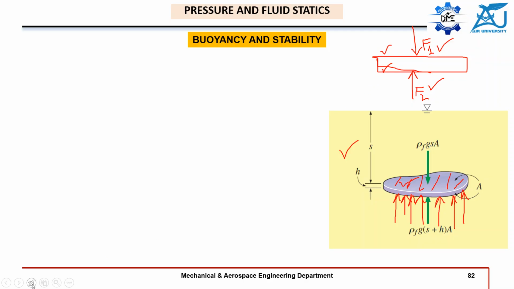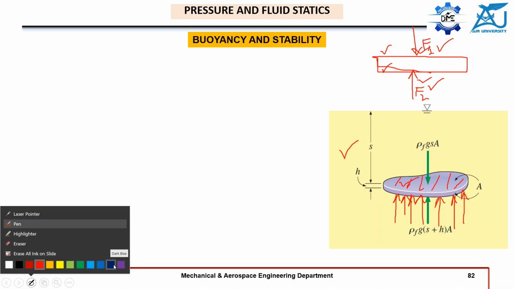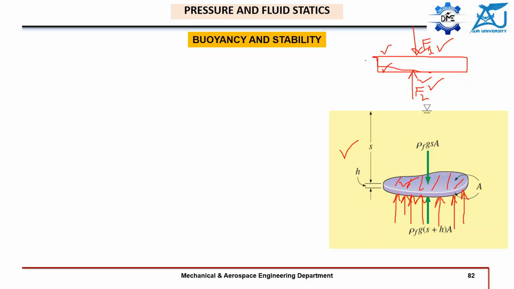Okay, so now we are only interested in these two forces. There is a specific reason. Up till now we have not talked about these two sides, because under only the action of gravity, acting downwards, and there is no other fluid motion, we will only experience these two forces.